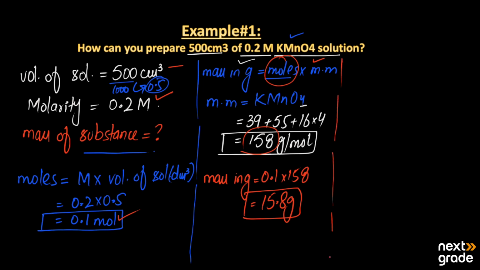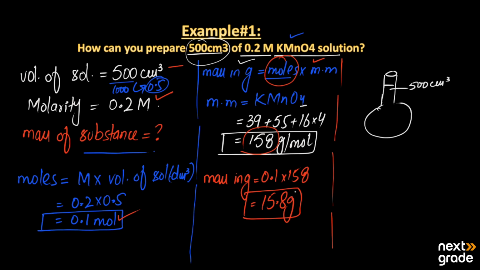For this preparation we will take a volumetric flask whose volume will be 500 cm³.